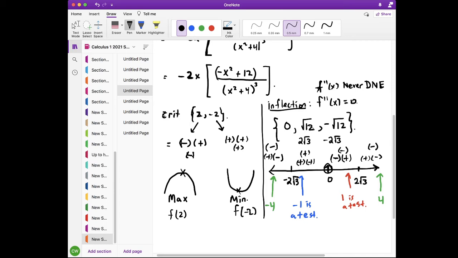Okay, so what are inflection points? Oh, I'm sorry, the first factor is negative, right? Negative 2 times negative 4 is positive. Okay, where are the inflection points?